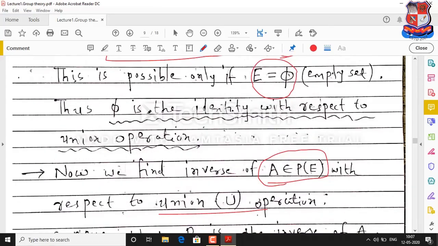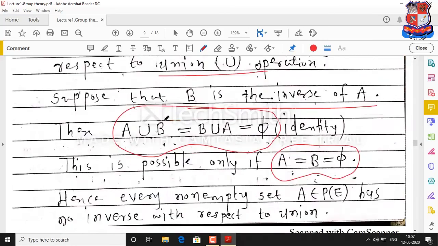As we discussed, phi is the identity with respect to union operation. So from this you can visualize that this is possible only if A and B are empty sets. If we consider any non-empty set here, for example, suppose B is a non-empty set and A is also some non-empty set, then this is not possible.